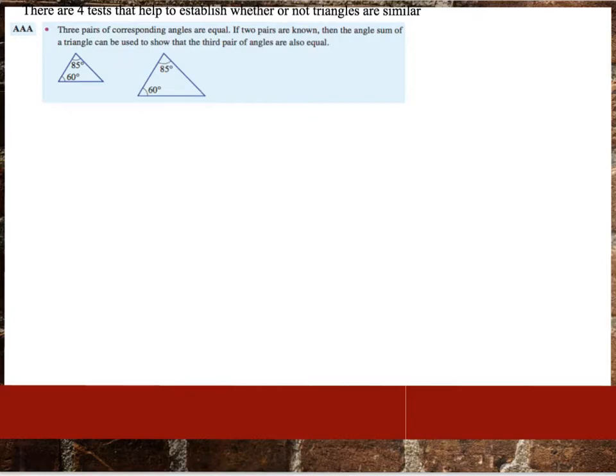If only 2 pairs are given, like in the example that we see here, you can see that there's only 2 angles. The third angle, according to the sum of angles of a triangle, these 2 triangles must be exactly the same, because both of them will be 180, take away 85, take away 60. So the moment I have 2 angles, guess what? We have similarity.